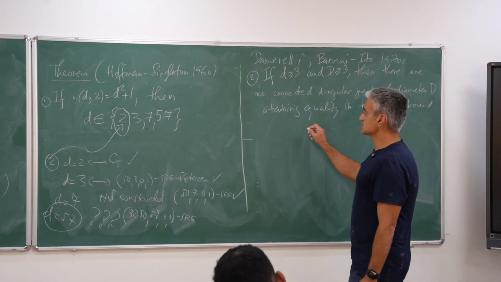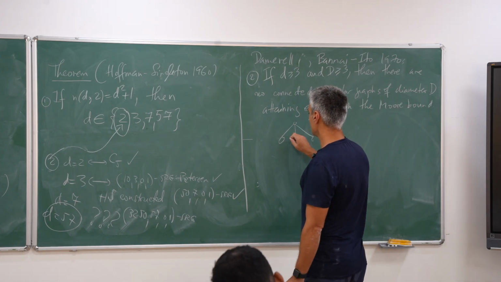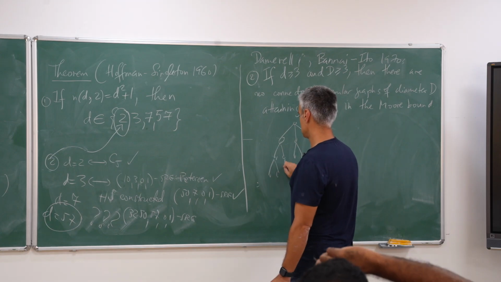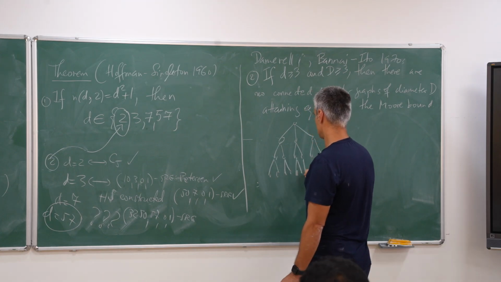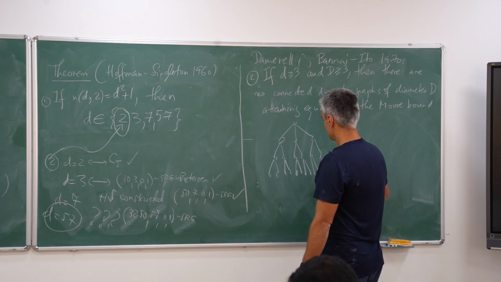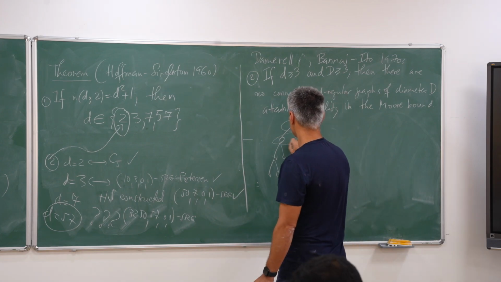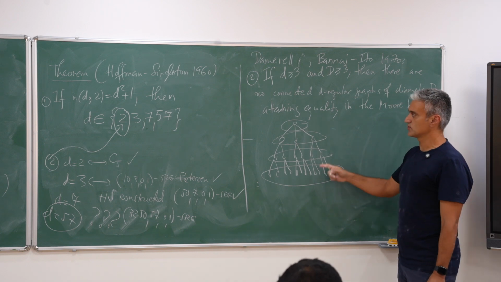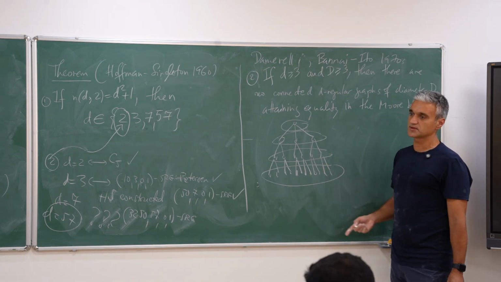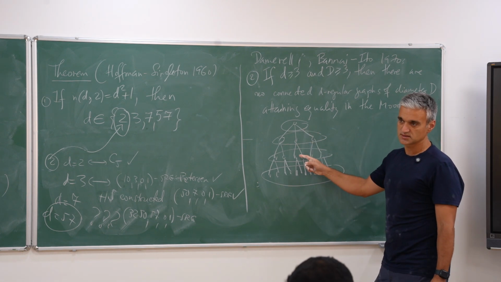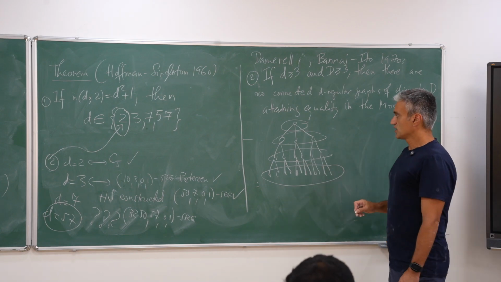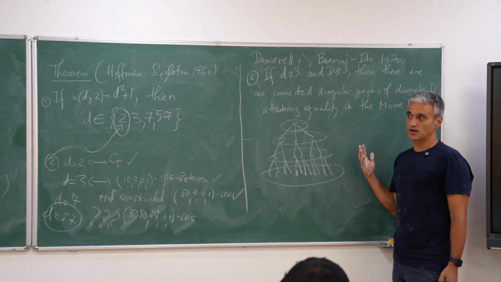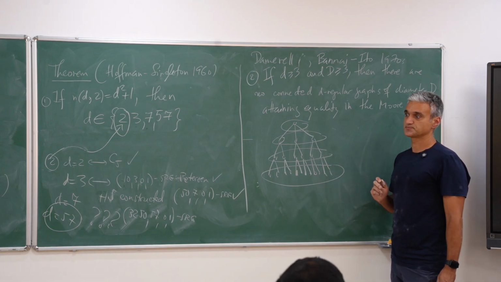And so what this says is that if you take larger diameter, and you calculate the Moore bound that I said, 1 plus d times (d minus 1) and so on, you will never be able to find a d-regular graph of diameter capital D that attains equality here.